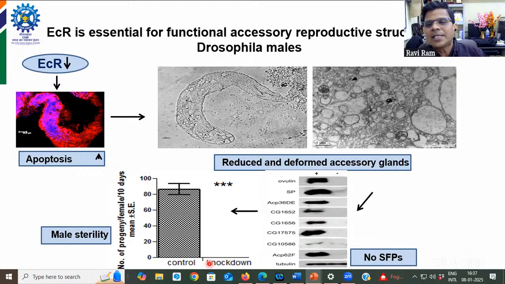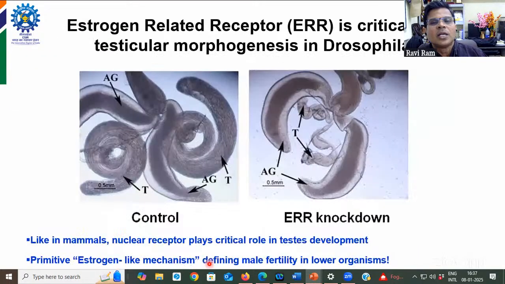And the other example that we studied is of estrogen-related receptor. Silencing of this ERR in the accessory gland had no impact. I haven't shown the data here. But if you compare the testis of the control to the knockdown, do you see a difference between control and the knockdown?